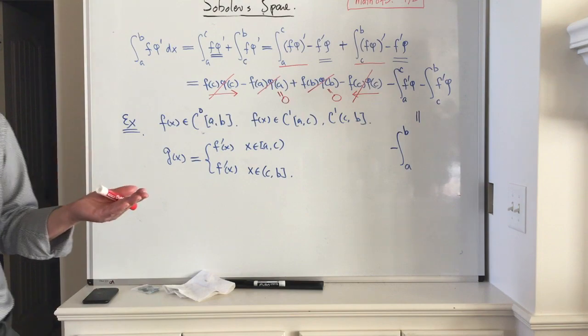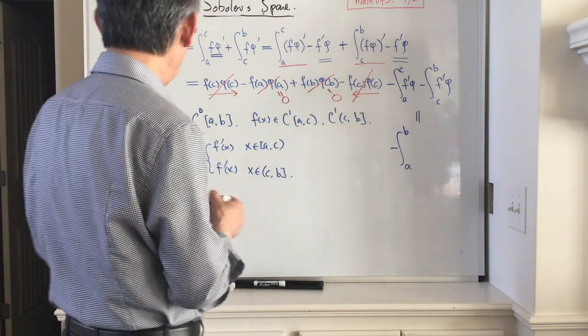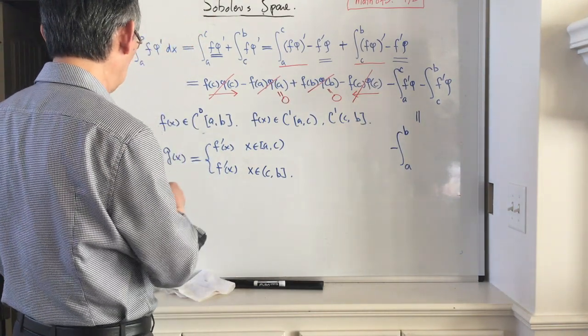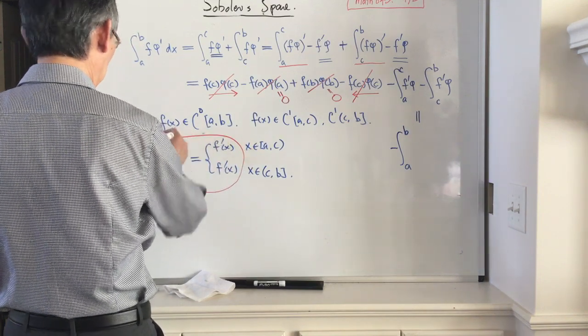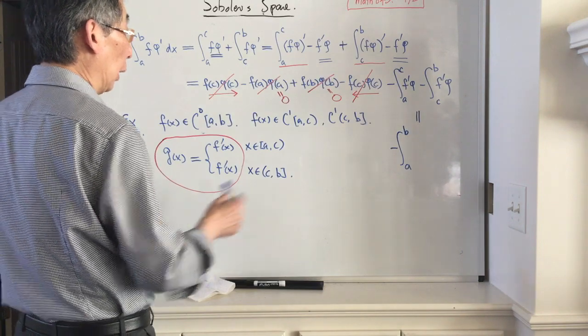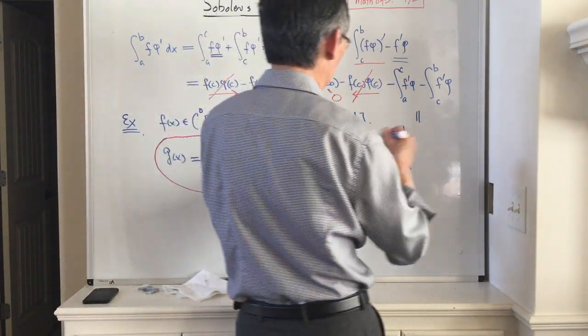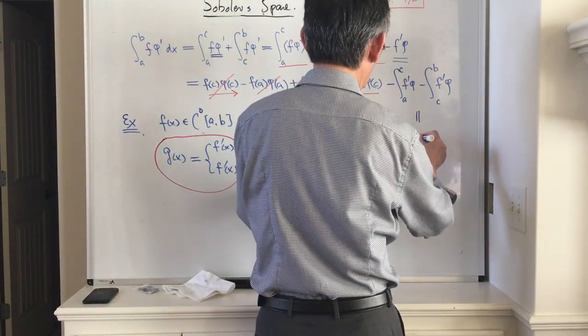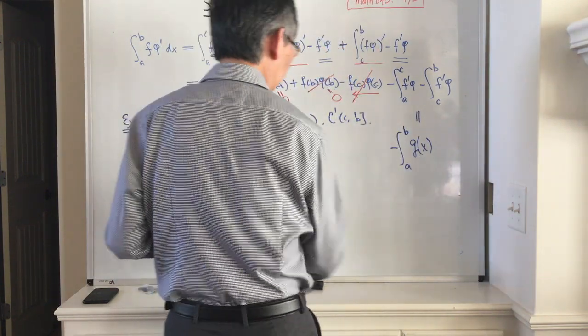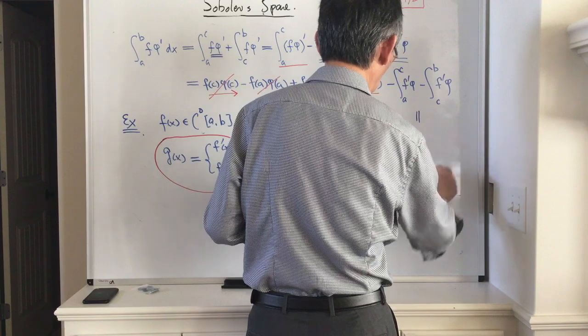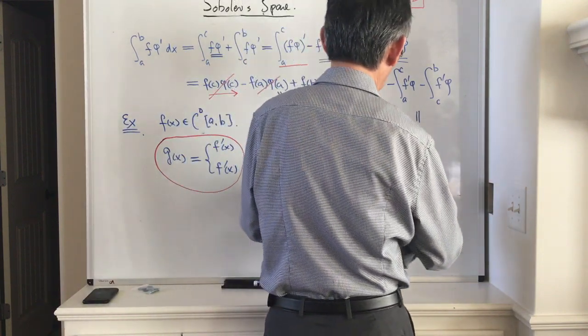It's not defined at C. However, you can see that G is defined piecewise by F prime. So if you combine these two integrations, you can write this to be just G(x) times phi.